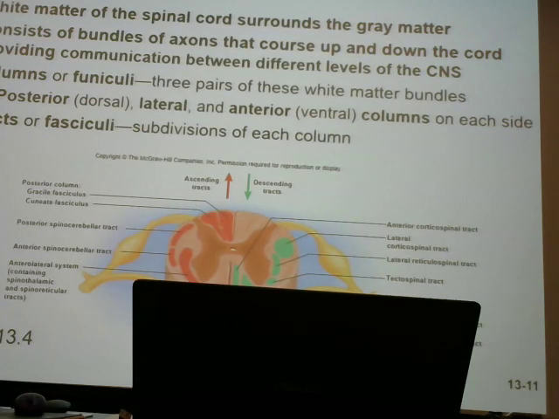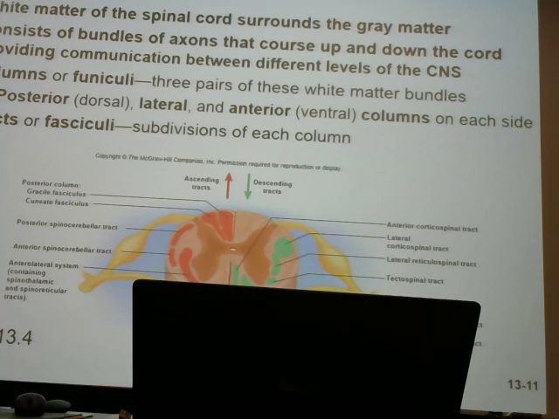The cell body. The white matter is going to have areas of what? My axon. Does that make sense?